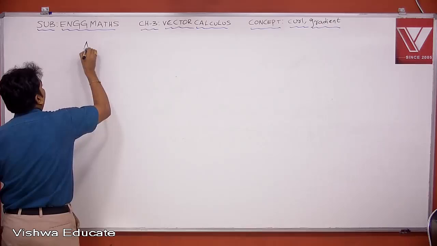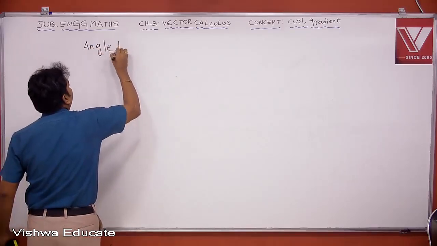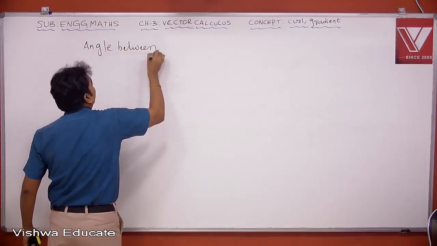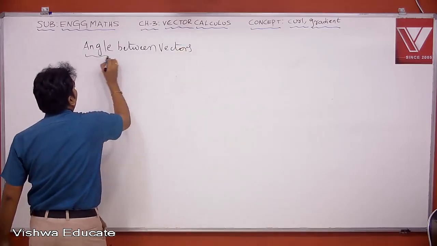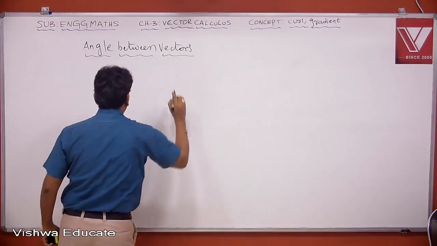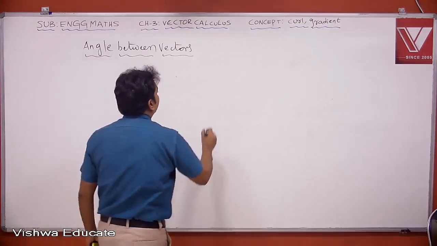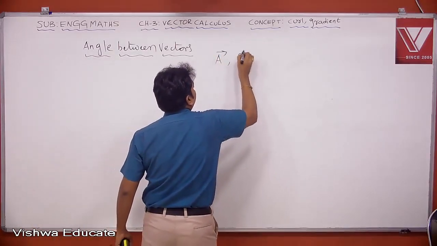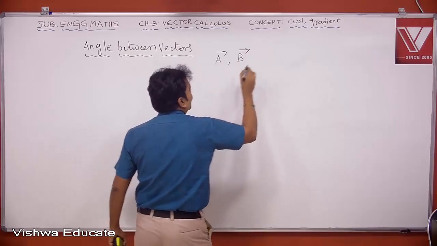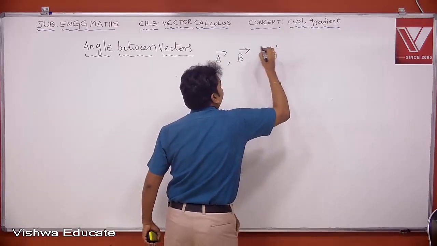Next concept, angle between vectors. Suppose we have two vectors A bar and B bar. Assume that theta represents the angle between these two vectors.